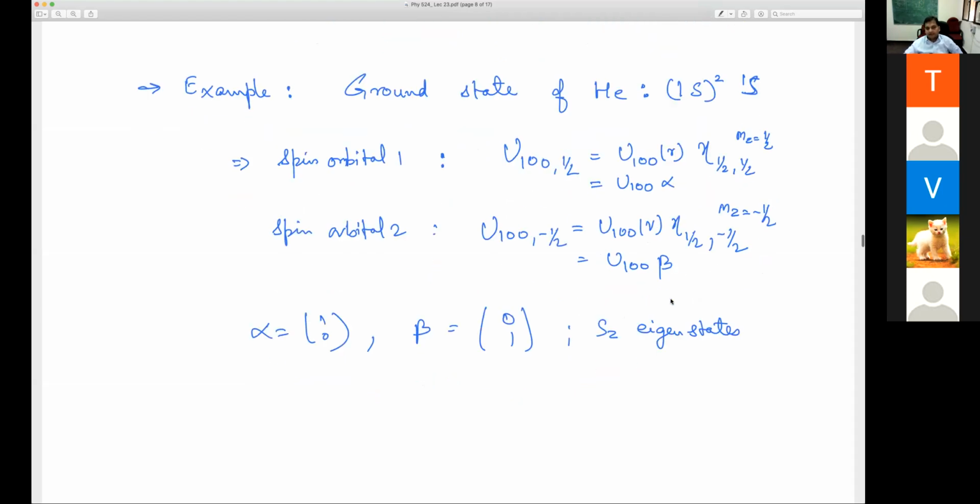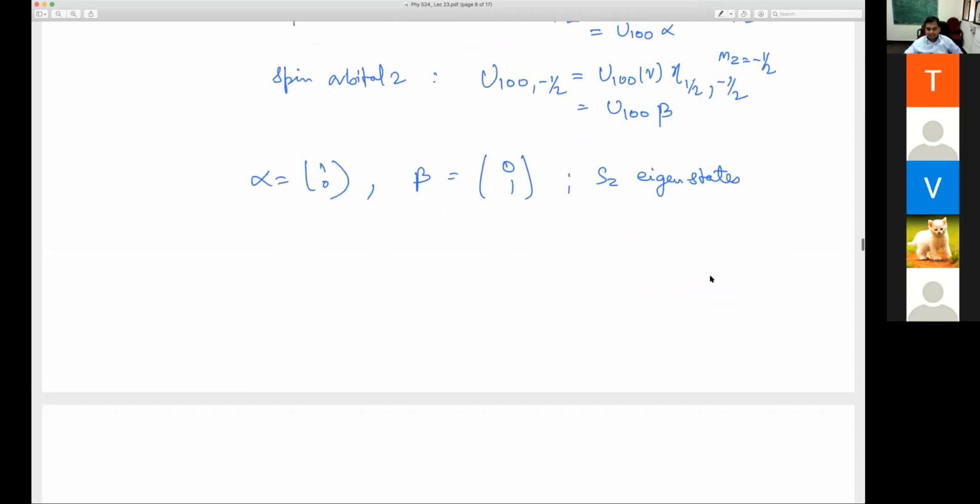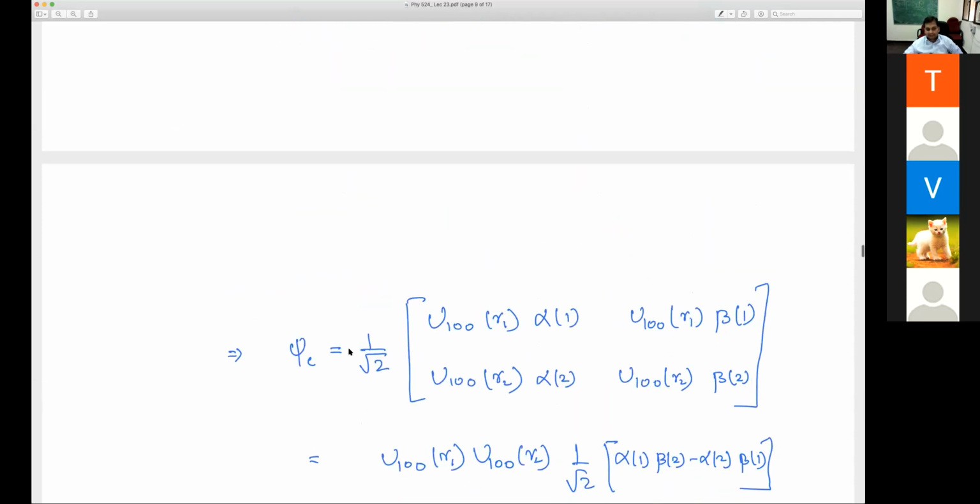Okay. With that notation, I can write down psi as 1 by root 2 factorial, which is just 1 by root 2, times this determinant: U100 R1 alpha 1, U100 R1 beta 1, in the first row, for the first particle, and the second row for the second particle. The state 100 plus half, which is alpha, is column 1, and the state U100 minus half, which is beta, is the second column.